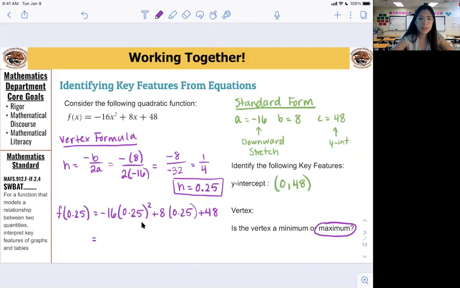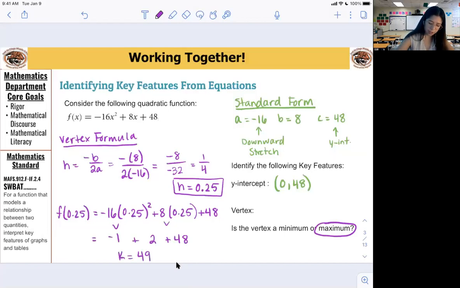So over here, 0.25 squared, you get 0.0625, and when you multiply that times -16, this gives you -1. 8 times 0.25 is 2. So we have -1 plus 2 plus 48, and that gives us 49.